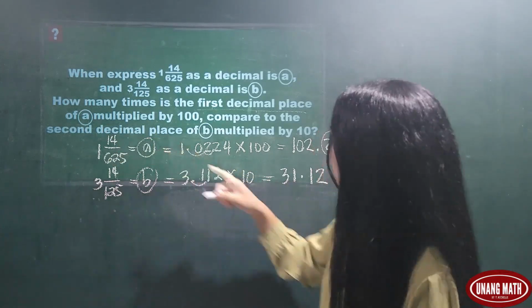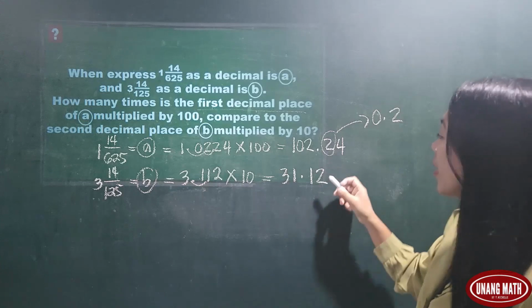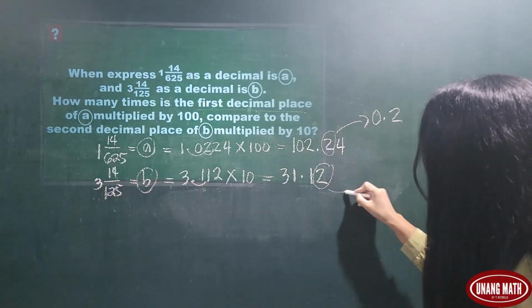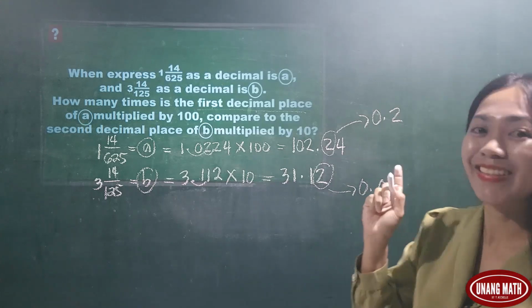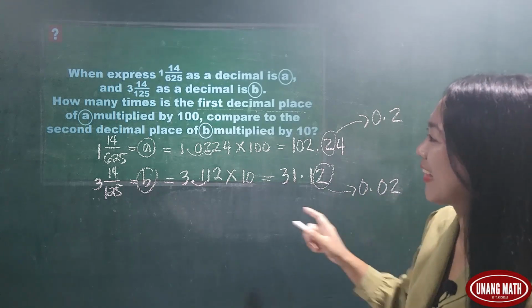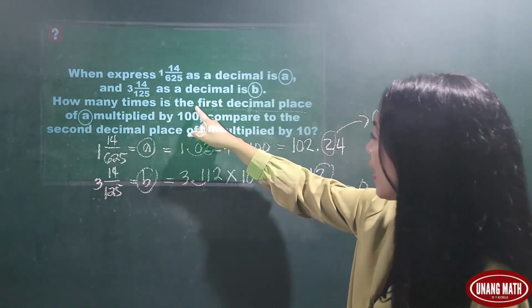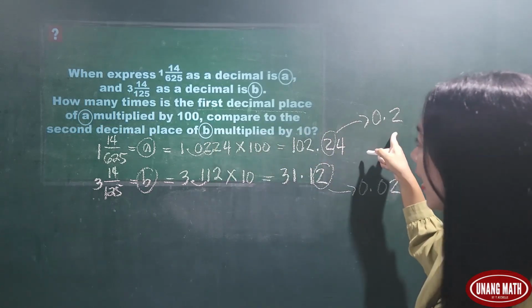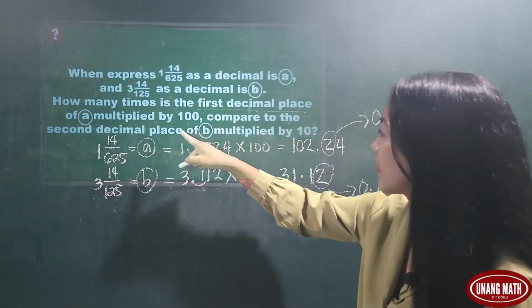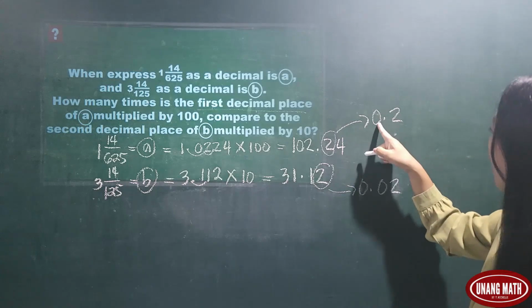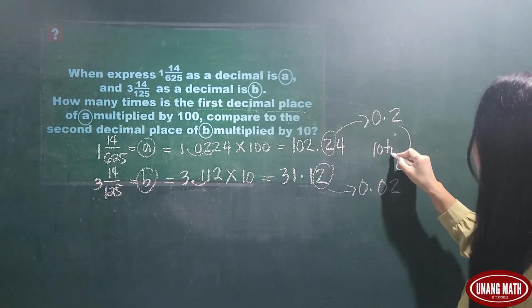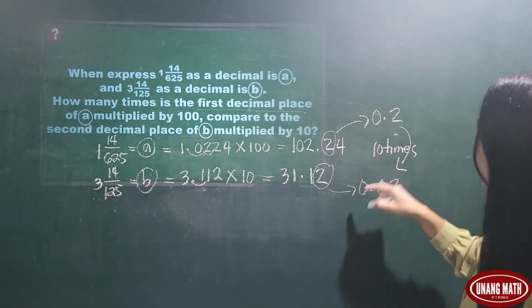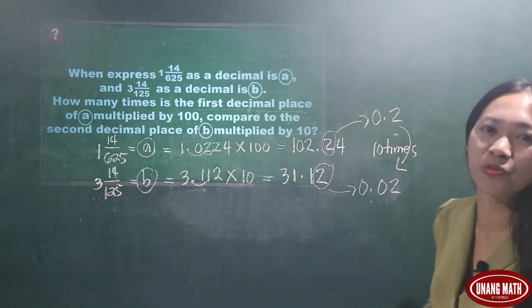The second decimal place of 31.12 is this digit, and this is 0.02. Now we can find how many times the first decimal place is compared to the second decimal place. 0.2 is 10 times 0.02.